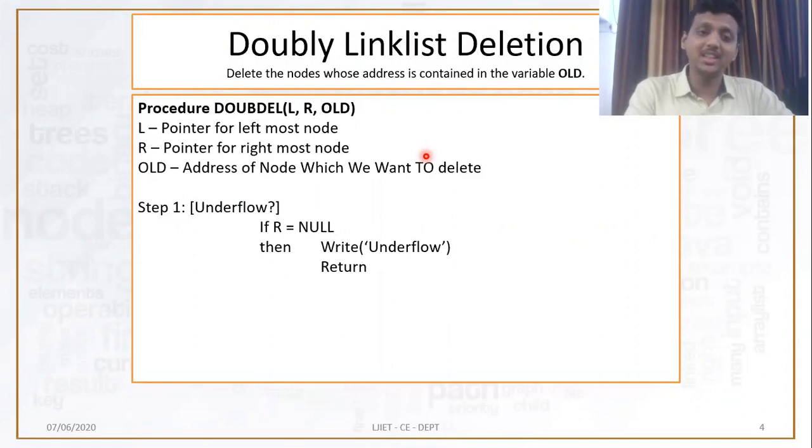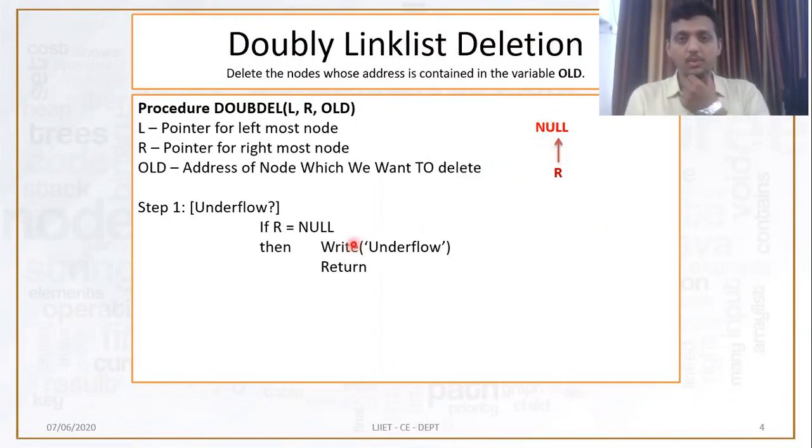So I can easily write that if R is equal to null, then write underflow and return. Students, I am not going to return anything over here, so it's a procedure, not a function. Make sure. Here R is equal to null, which means the linked list does not exist.